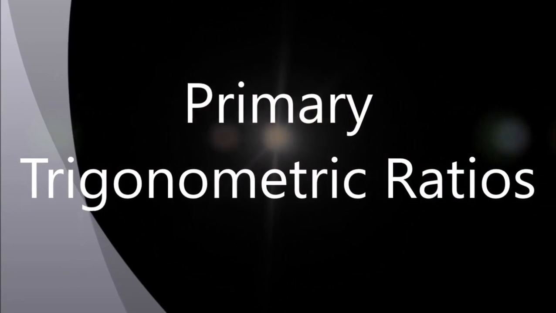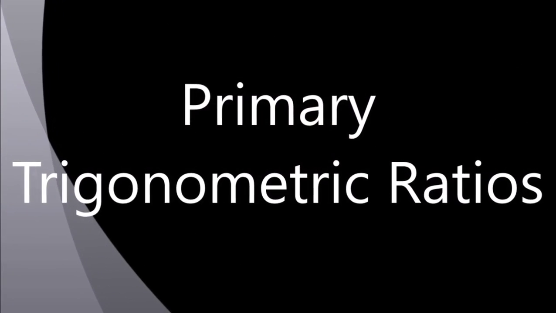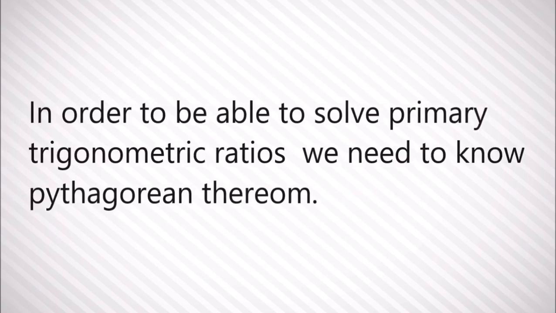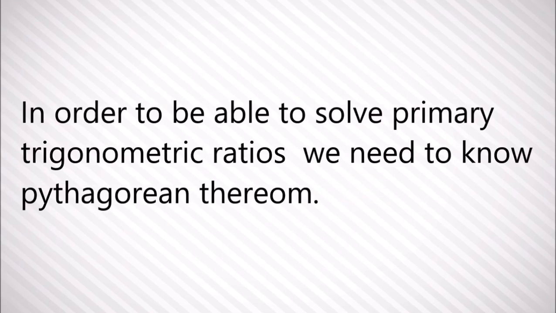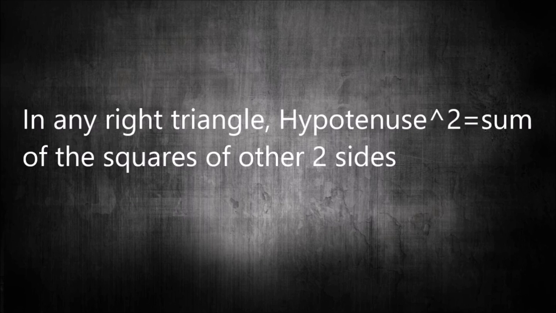Hello everyone, today we will be talking about primary trig ratios. First of all, we need to know about our Pythagorean theorem. In any right triangle, the hypotenuse squared is equal to the sum of the squares of the two other sides of the right triangle.